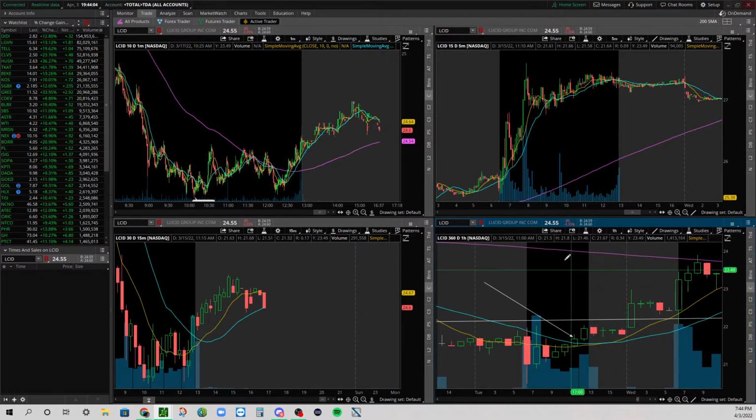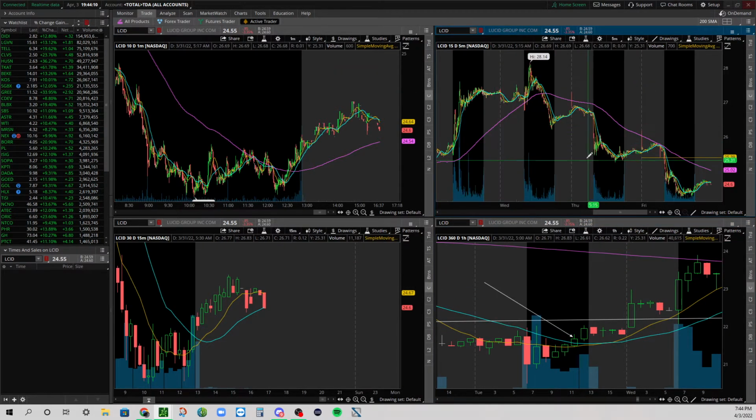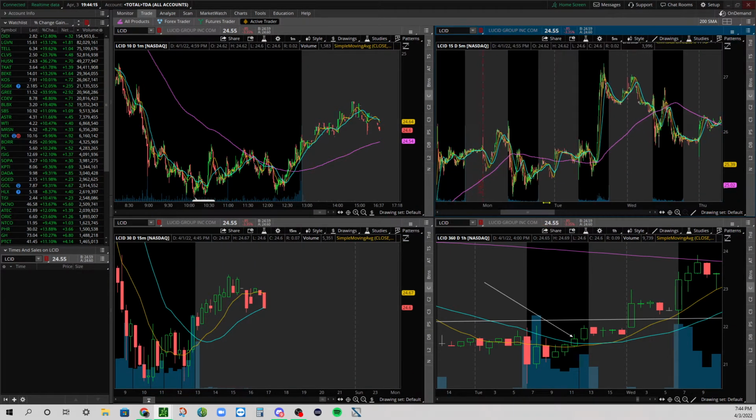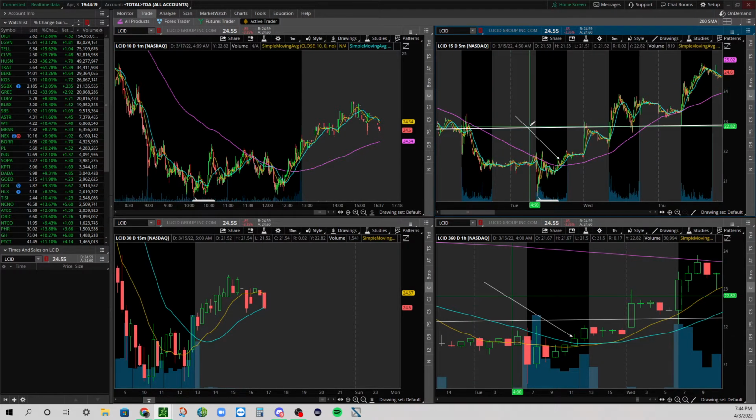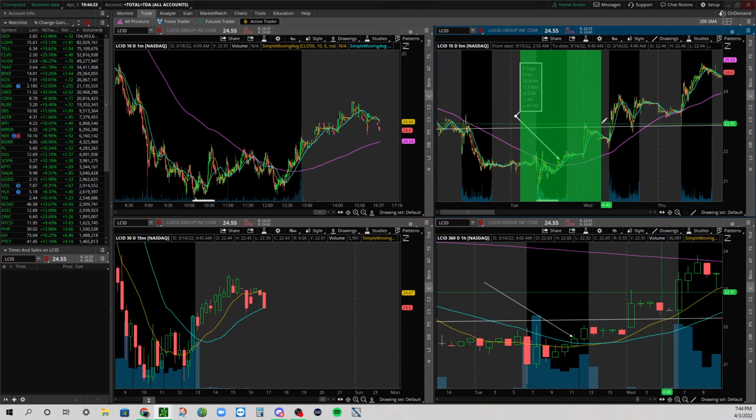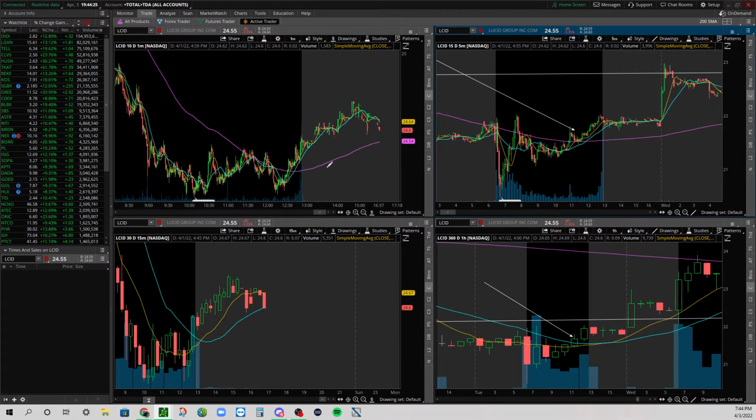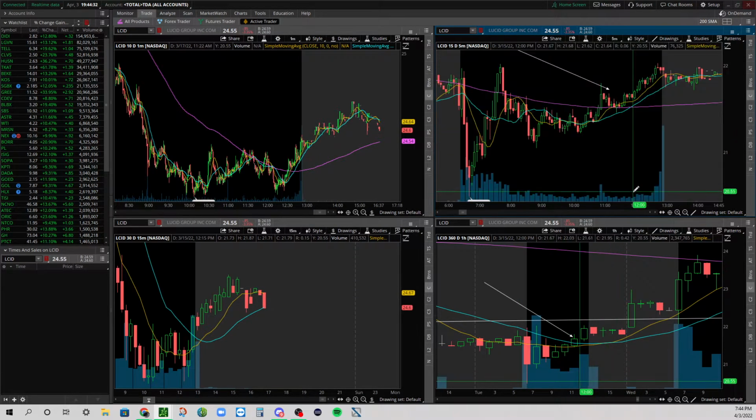And if I see the same pattern on the 5 minute, so what day is this? 3:15. Okay, look at this, 3:15. So look at this on the 5 minute. This confirmation couldn't be any cleaner.